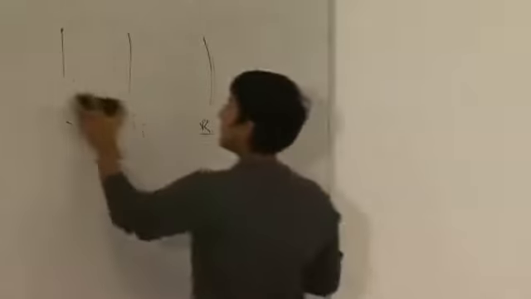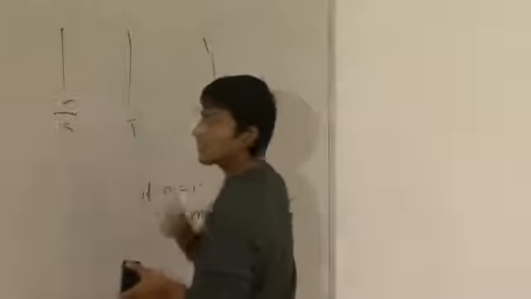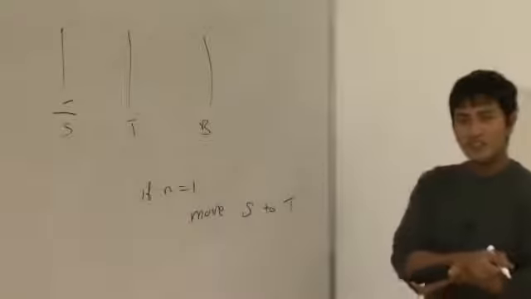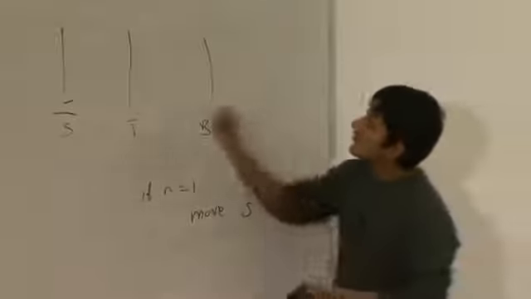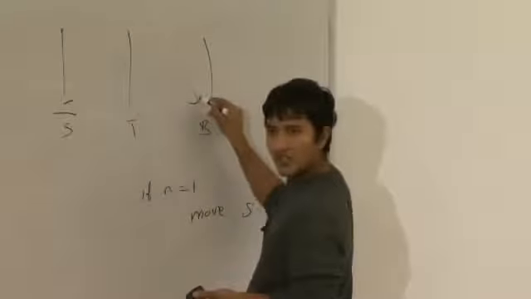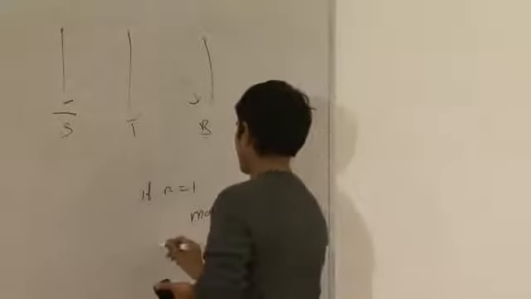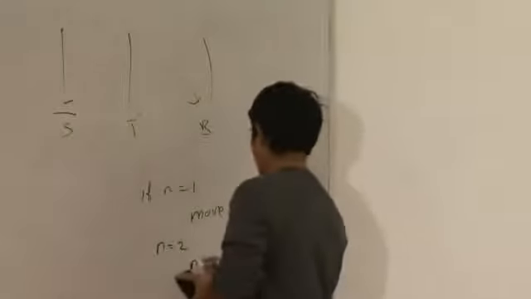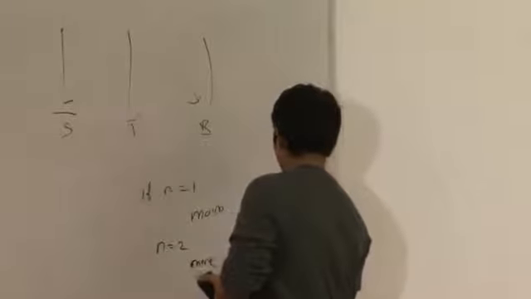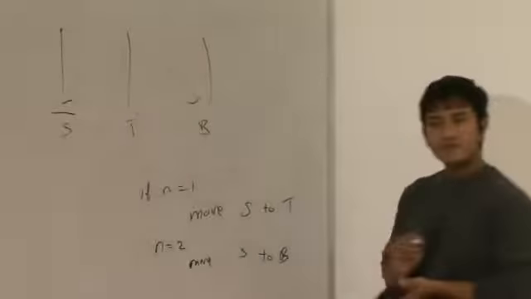Suppose you have 2. Then what would you do? You move the top one to buffer. Okay? So move source to buffer.